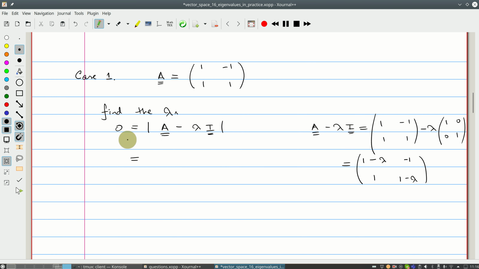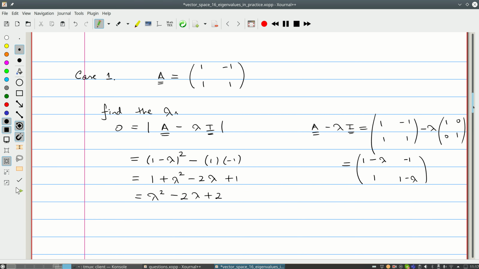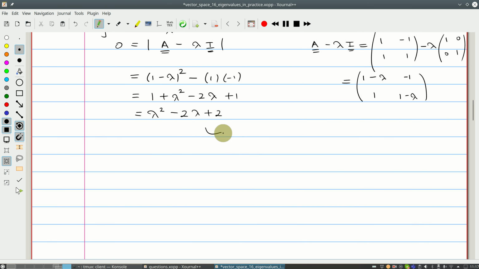Okay, so we know what this matrix is, and we need the determinant of this matrix, which is going to be (1 minus lambda) squared. That's this term, this product of these two, minus the product of those two. So minus 1 times minus 1, which is equal to, let's expand this stuff out. So we're going to get 1 plus lambda squared minus 2 lambda, and we'll have a plus 1 in other words. So we have lambda squared minus 2 lambda plus 2 is equal to 0. So that's a quadratic, and this is our secular equation.